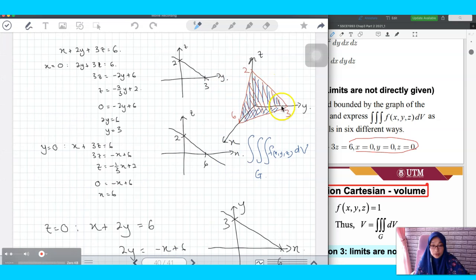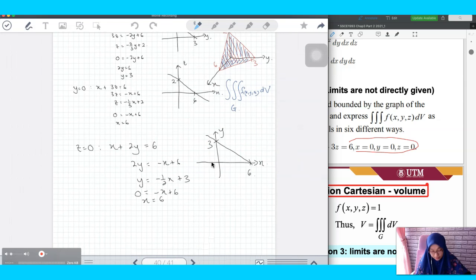So where is your trace which is related to the curve on xy plane? Down here, right? This one. So the region down here is this triangle. So meaning that your region is in this one.